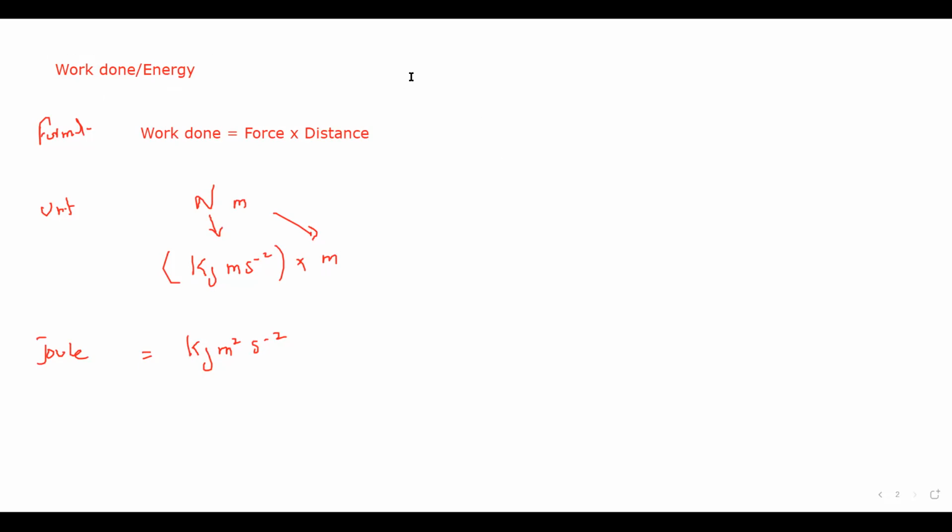If we are representing power, so we know power is equals to work divided by time. So this is a formula for the power. What about the unit?